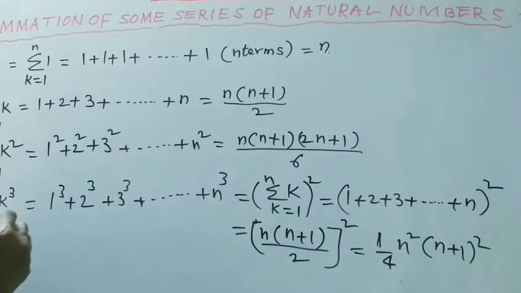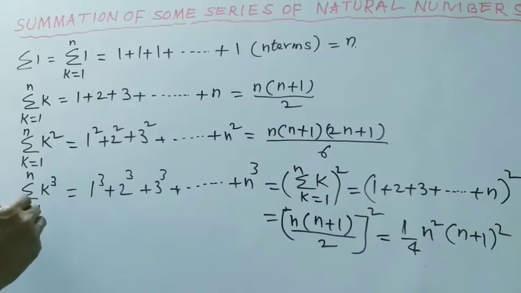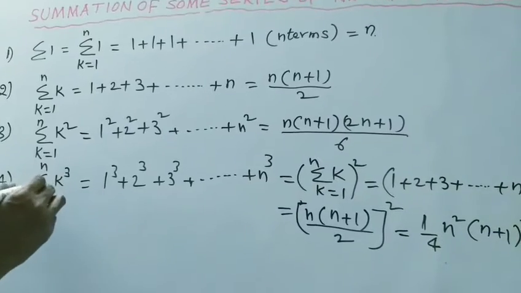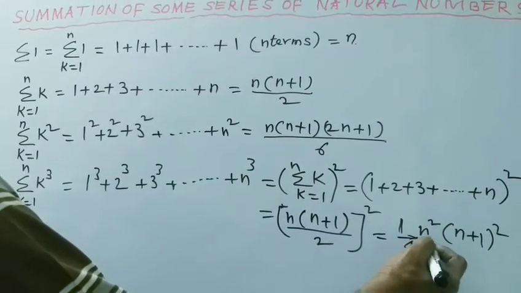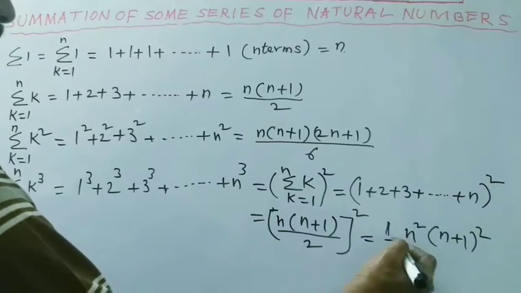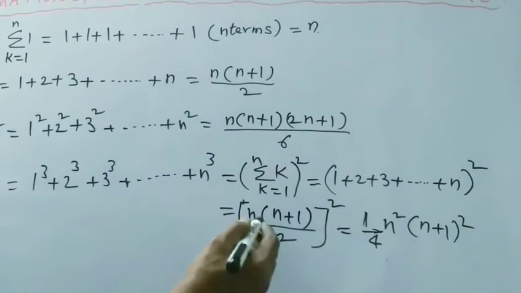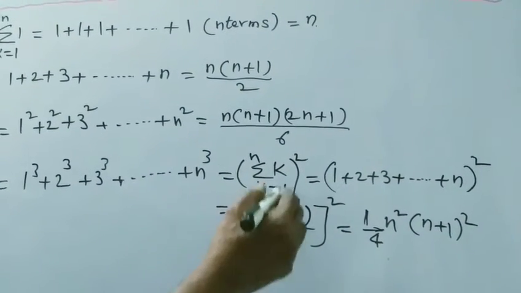That means here summation of k cube is equal to 1 by 4 of n square of n plus 1 whole square, or n into n plus 1 by 2 whole square.